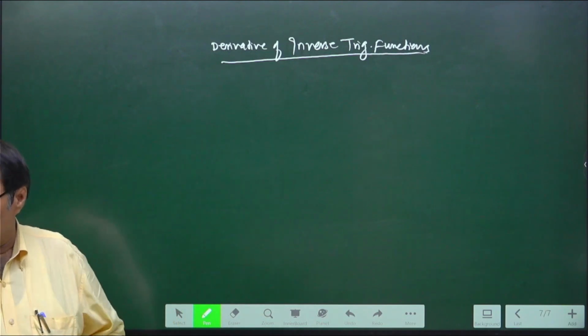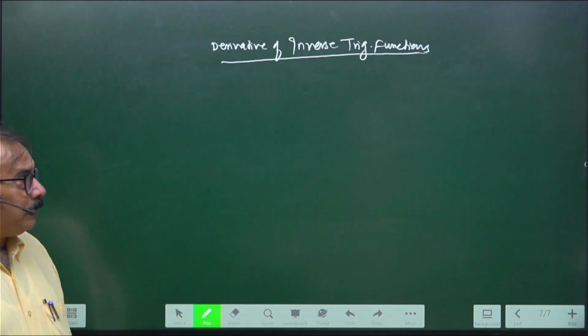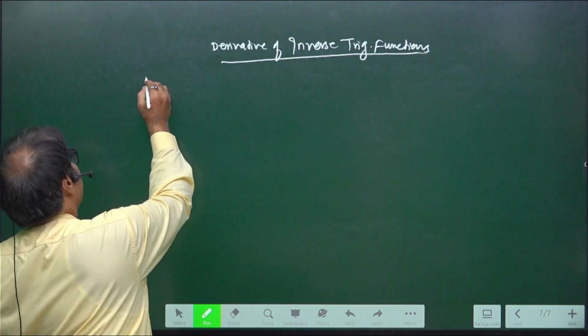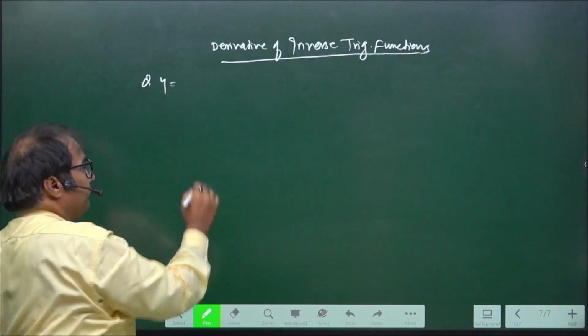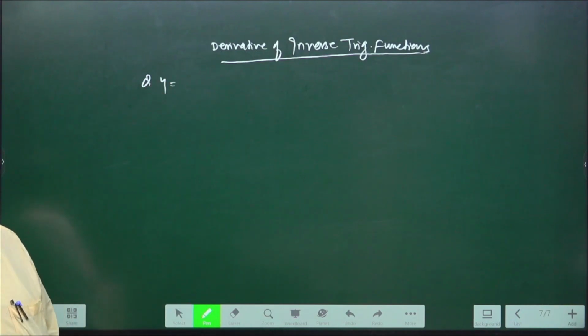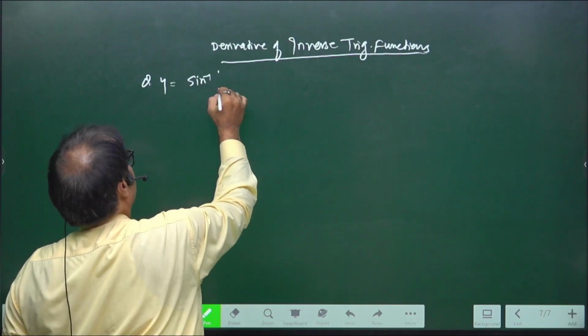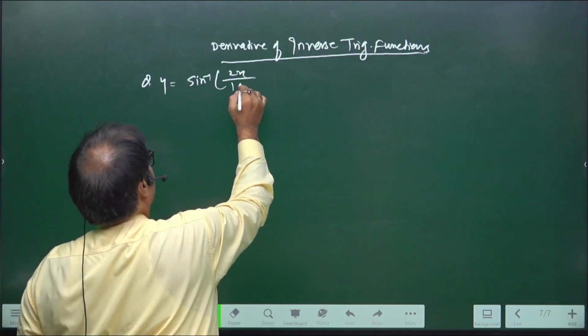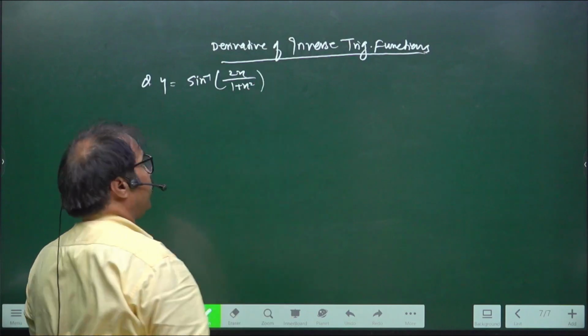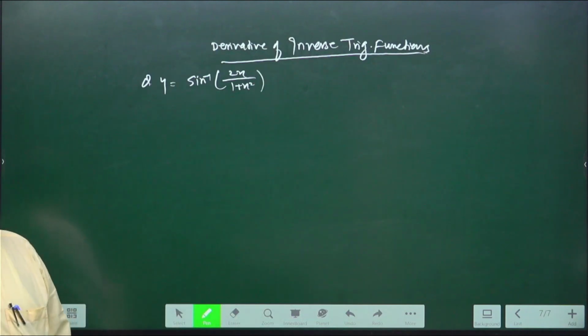So the question is y is equal to sine inverse of 2x upon 1 plus x square. This is the question, right?